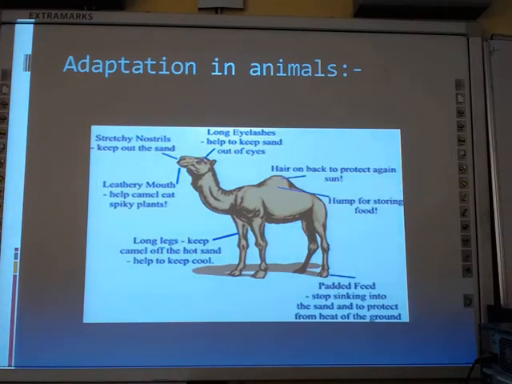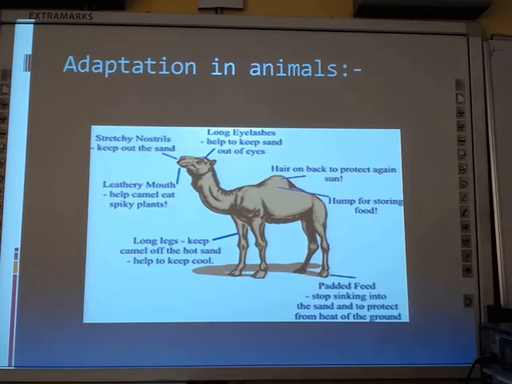Here, this is the most common animal found in the desert habitat, the camel. The camel is also adapted to the desert habitat with different specific features. First, the stretchy nostrils keep out the sand, because the desert region has a lot of sand. A leathery mouth lets the camel eat spiky plants. Long eyelashes keep sand out of the eyes.